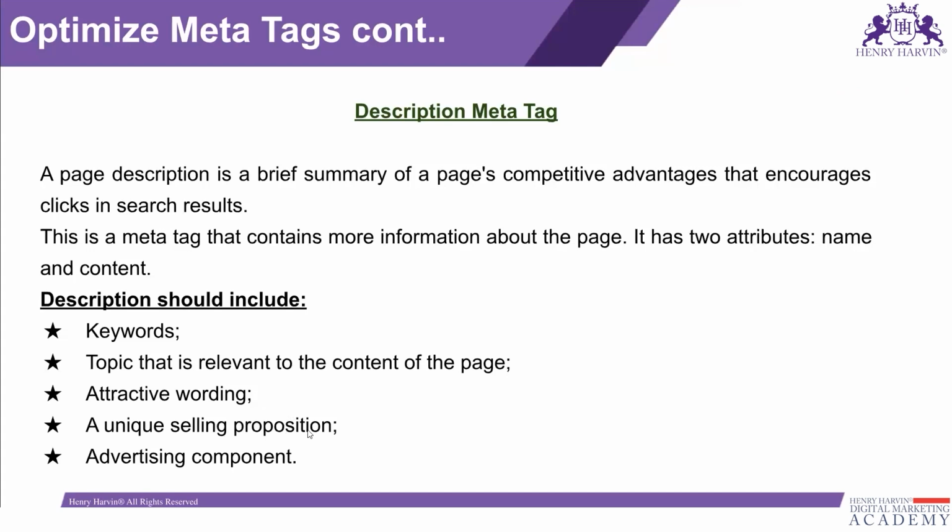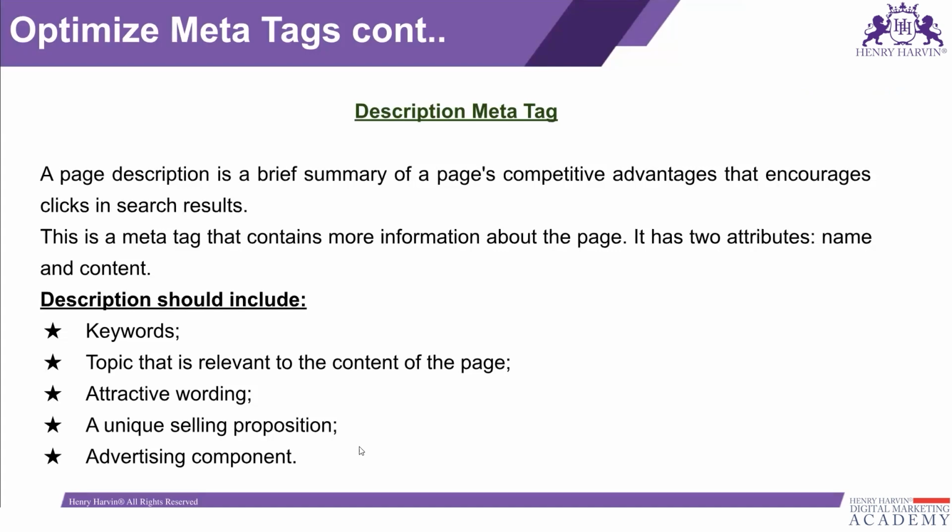A unique selling proposition. This meta tag is visible in front of the visitor when they search for a particular query, and below the title tag, this is the thing they will read. If they find your title tag relevant, then definitely they will read the meta tag. Okay, so it should be your USP, so you should mention your USP on that.